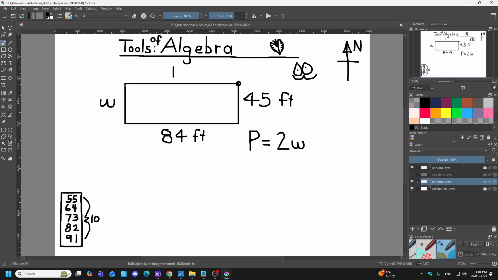Because we have 2 widths. Plus 2 times the length. Same thing. We have 2 lengths.